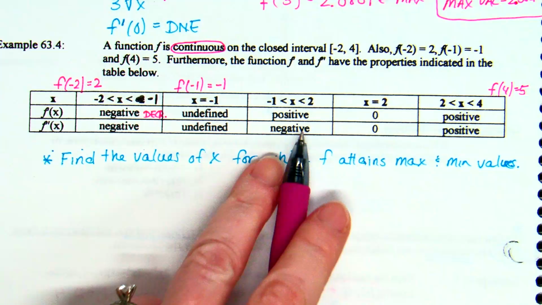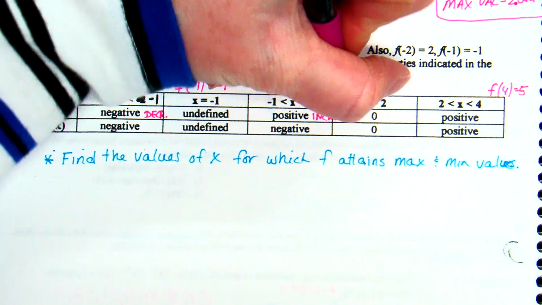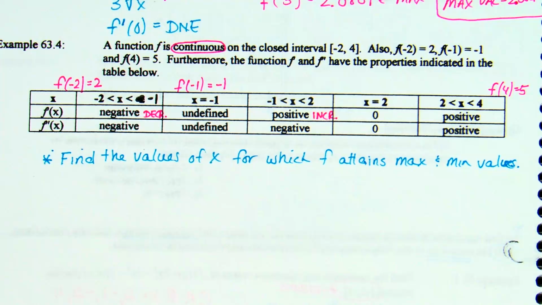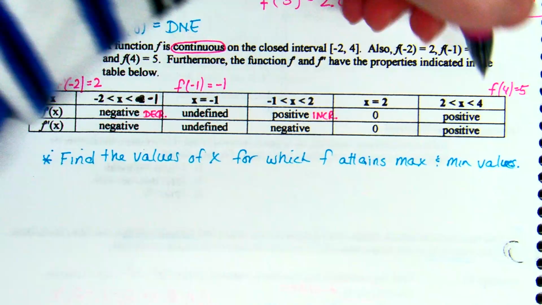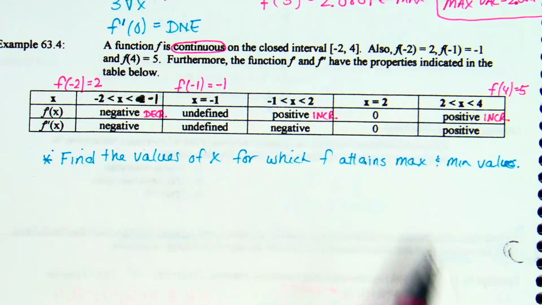When my first derivative is positive over here, what's it going to be doing in this interval? First derivative says increasing. I'll come back to 0 again. First derivative positive over here says it is increasing. Officially, these points where it's 0 and undefined are critical points. Maybe it's a min, maybe it's a max, maybe it's an inflection point.